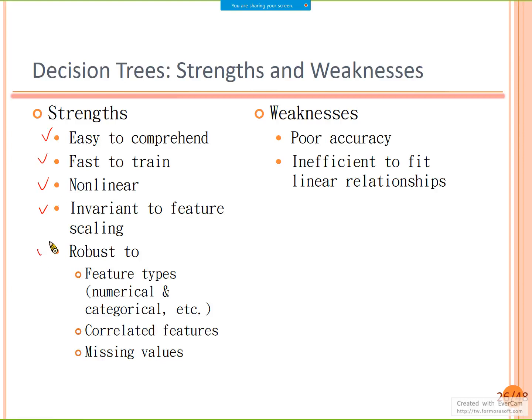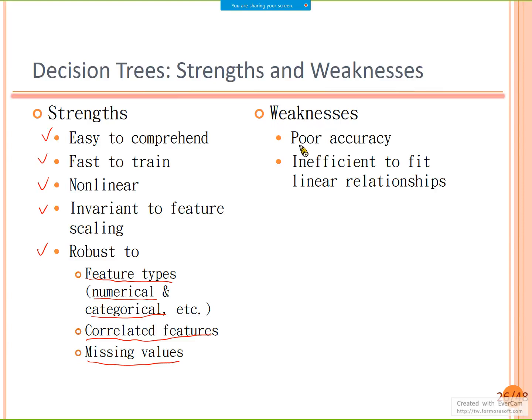It's pretty robust to feature type, either numerical or categorical, and you can do decision tree induction. Even if you have correlated features, it can select the best feature for you. And even if you have missing values in the data, it has a specific way to handle them.